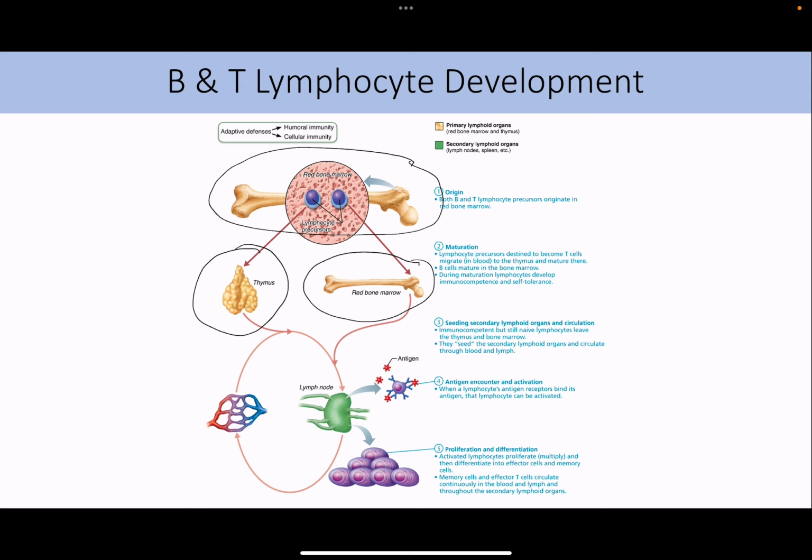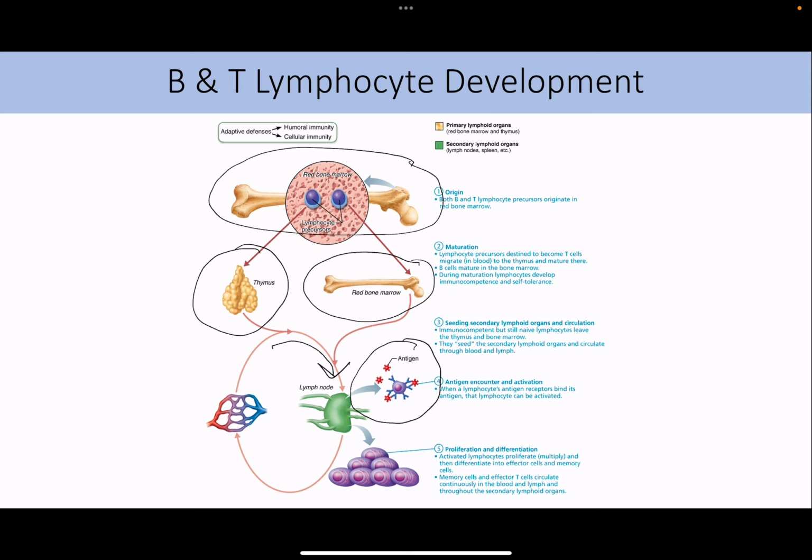Once they're mature, they've done all their training, and they have developed immunocompetence, then we can put them into circulation, and that's where they would potentially encounter their antigen. Is it a primary or secondary lymphoid organ where lymphocytes encounter their antigen? Secondary. Okay, primary is where they mature, secondary is where they encounter their antigen. So we put them in circulation.